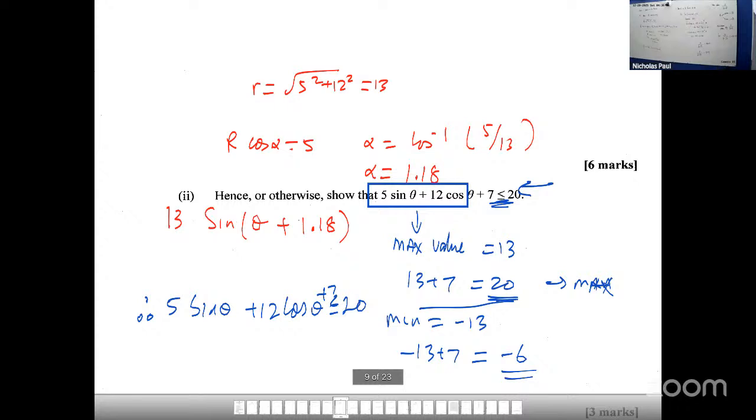Well done. Last one, and then we're done, right? Solve for cos theta. Solve for 4 cos theta minus 3 sine theta is equal to 2.